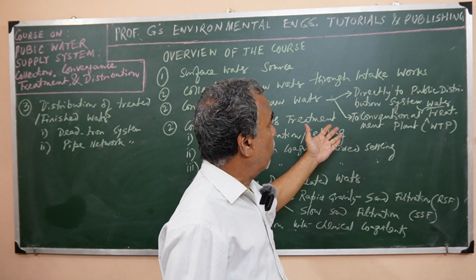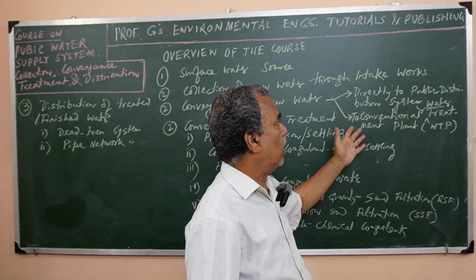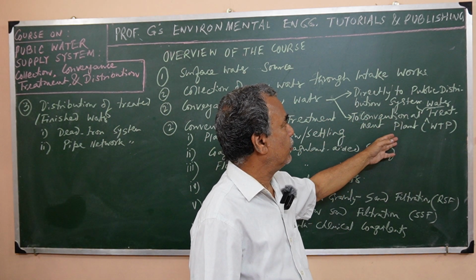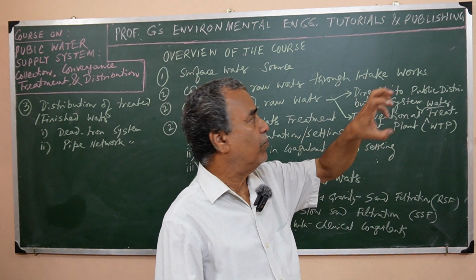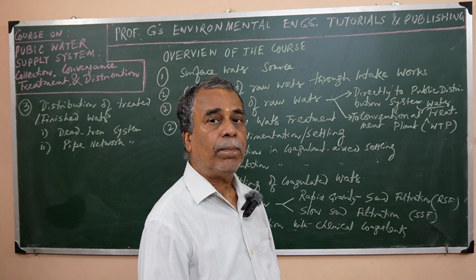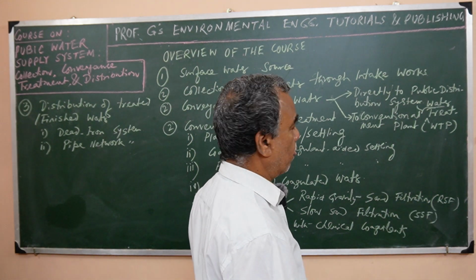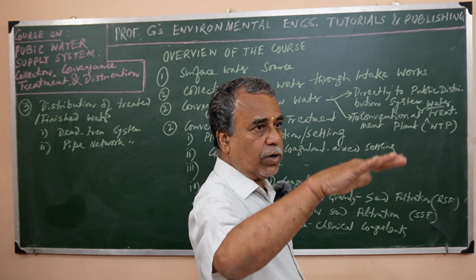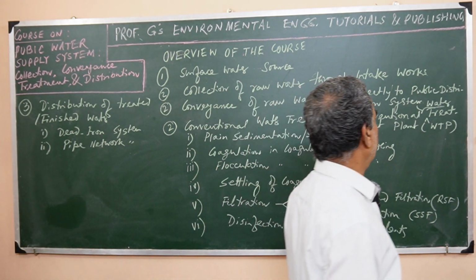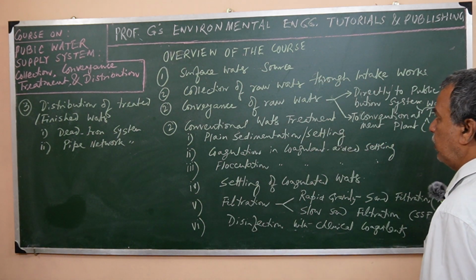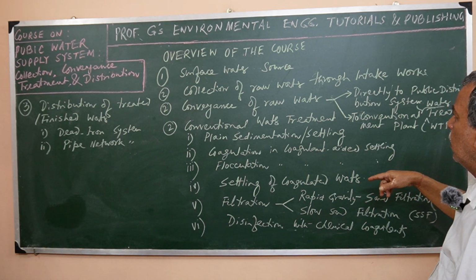As most of the public water supply systems have a conventional treatment plant, through which the water is treated and finally distributed to the beneficiaries or the public, through the network system, the public distribution system, or the water distribution network. I will come to that later. We will see that.